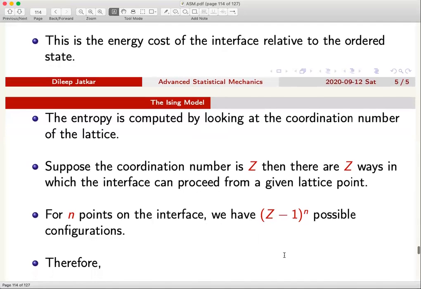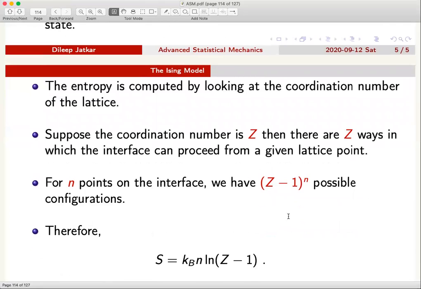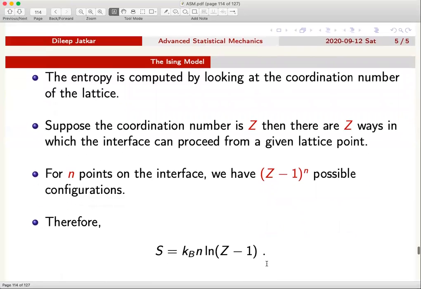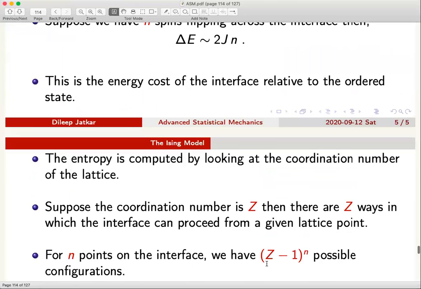What it tells us is that the entropy is the logarithm of the number of such possible configurations. So entropy is therefore Boltzmann constant times n times log of z minus 1. Okay, so let's try to put this back into our free energy expression.